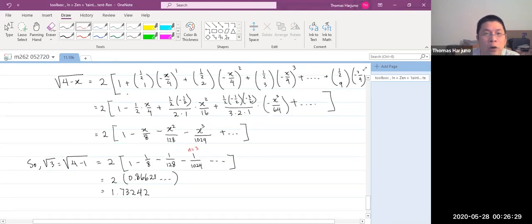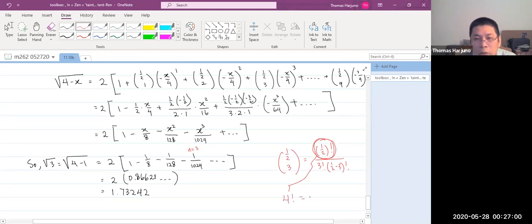Why? Because of the way our calculator works on this, like 1/2 and then let's say 3 here, for example, it actually does 1/2 factorial over 3 factorial, and then 1/2 minus 3 factorial. But the way they design the factorial is recursive. If I have 4 factorial, they will do 4 times 3 times 2 times 1.